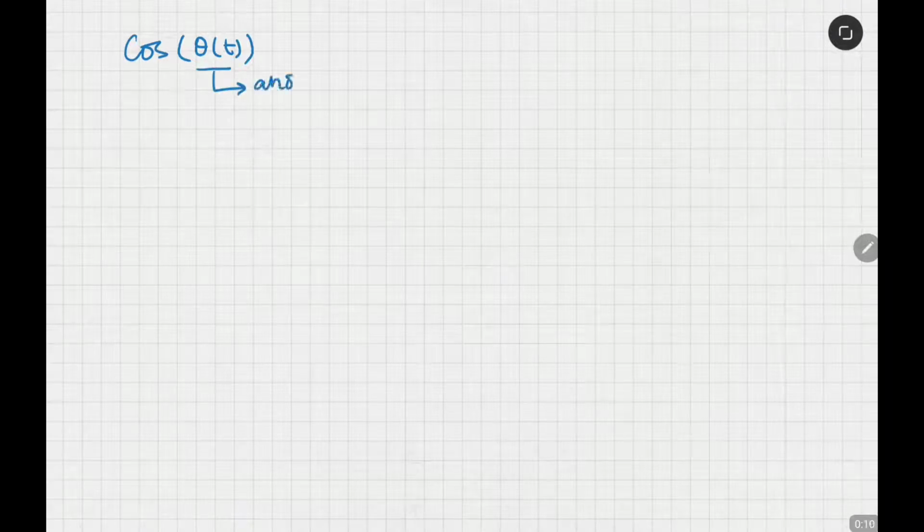Now with that out of the way, let's consider an example. Let's take a sinusoid, cosine theta of t. Now this in general is called the angle. Angle can be anything. It can be just the frequency multiplied by time, and this is also called the angular frequency.